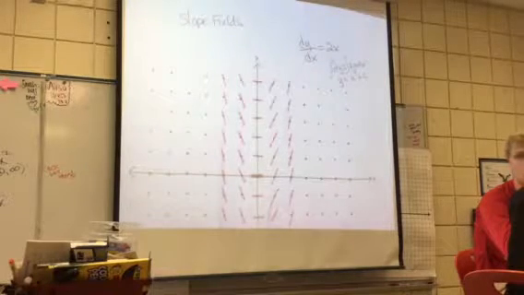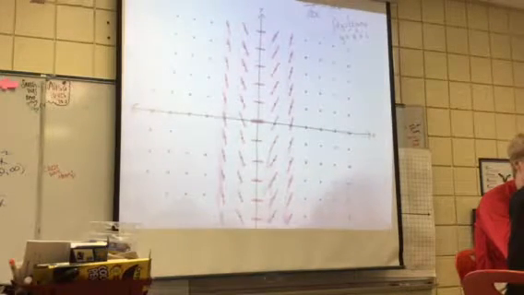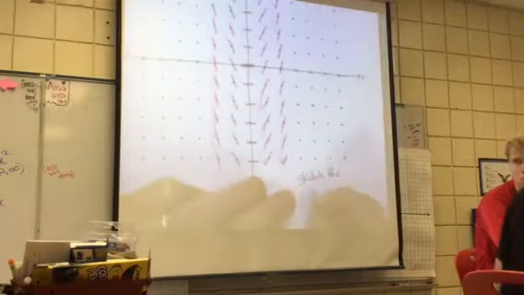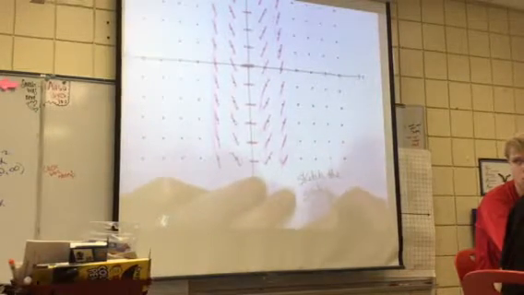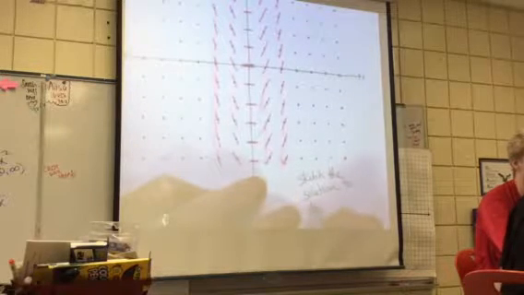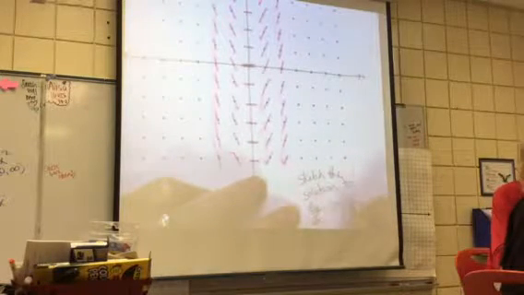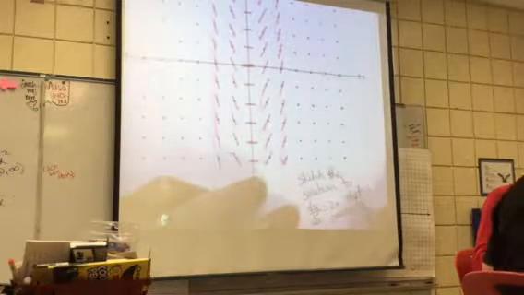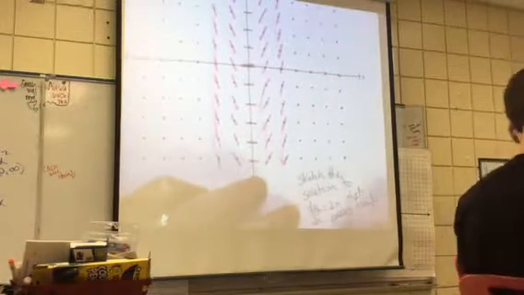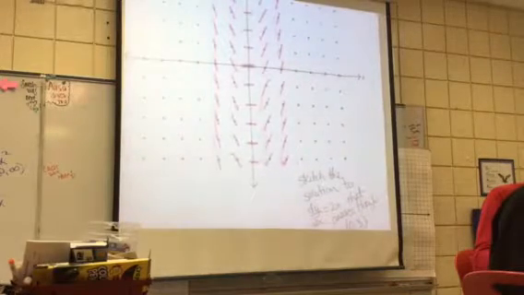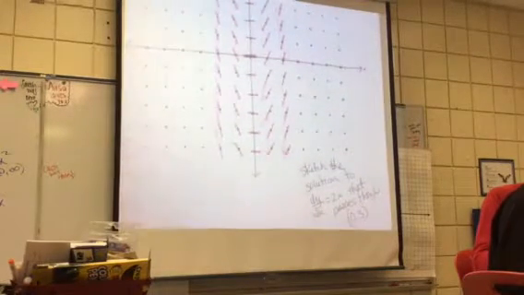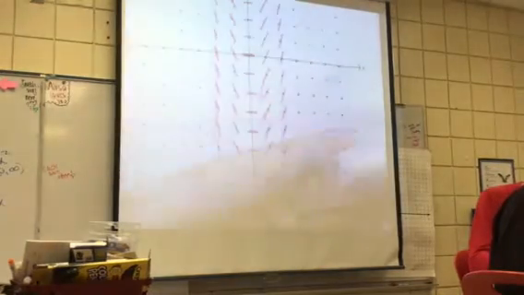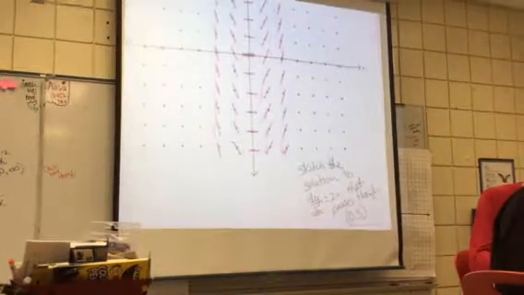Okay. So what if I told you to sketch the solution to dy dx equals 2x that passes through 0, 3. So sketch the solution to this differential equation, which you now have a slope field for, that passes through the point 0, 3.